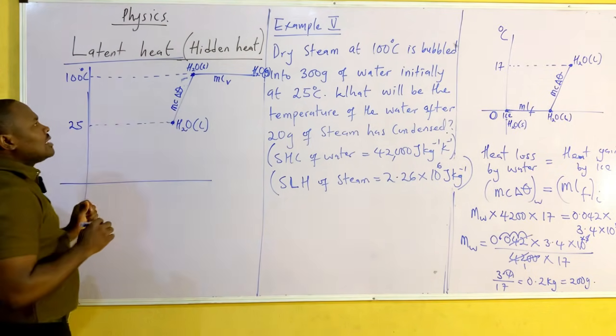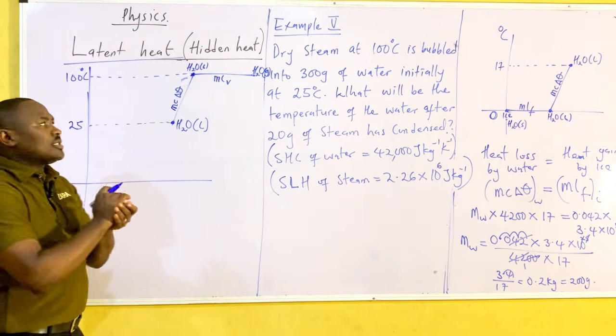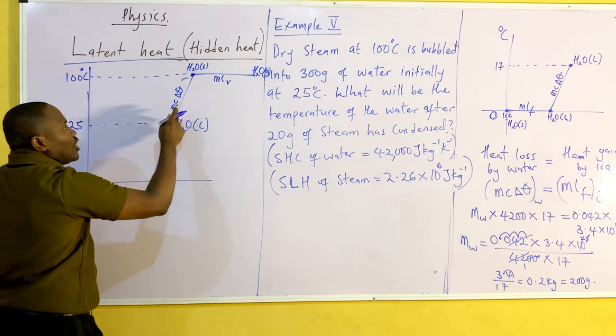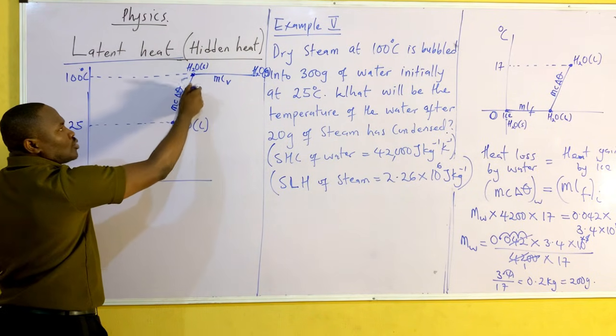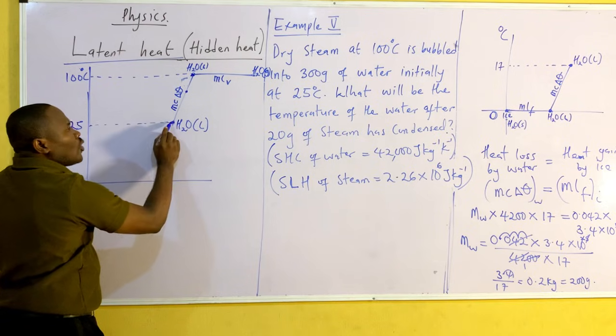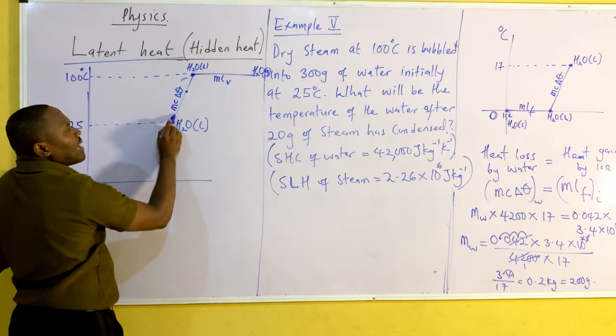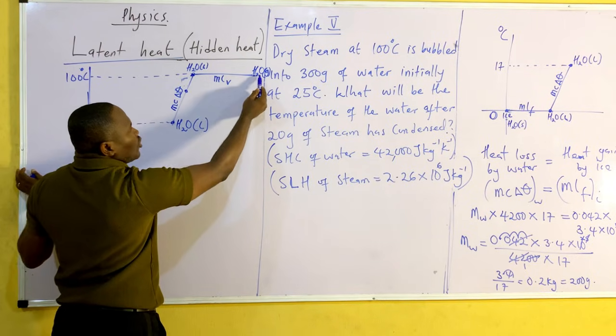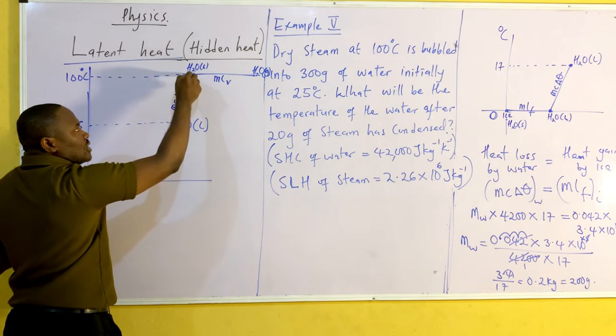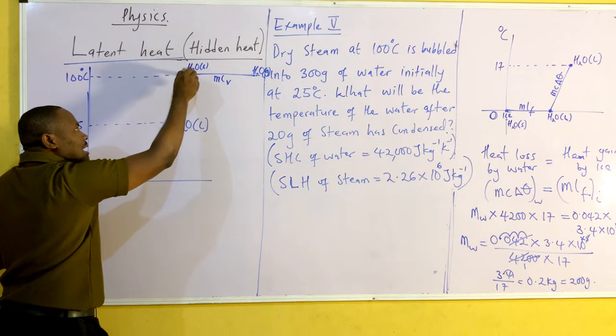But mind you, there's going to be a meeting point within this region, because the steam will cool to come to a point here, while the water will rise to meet that same point. So condensation will occur from here to this point, then it will go down again.